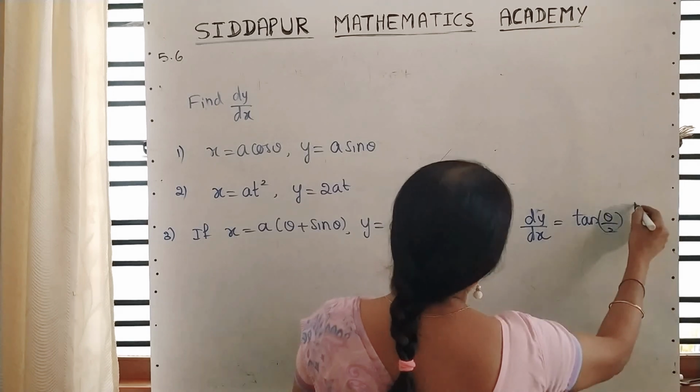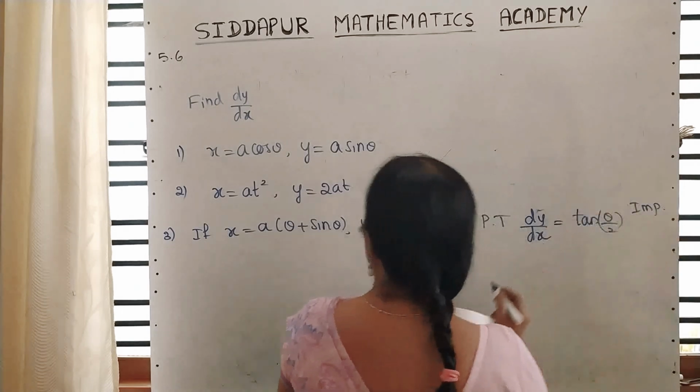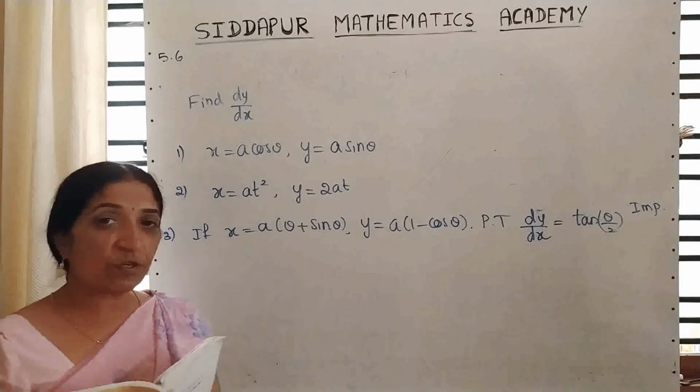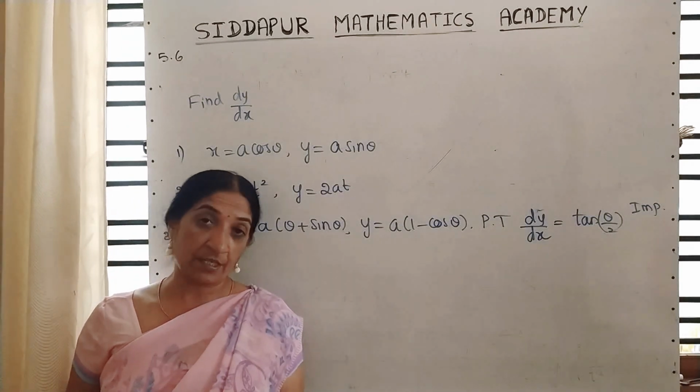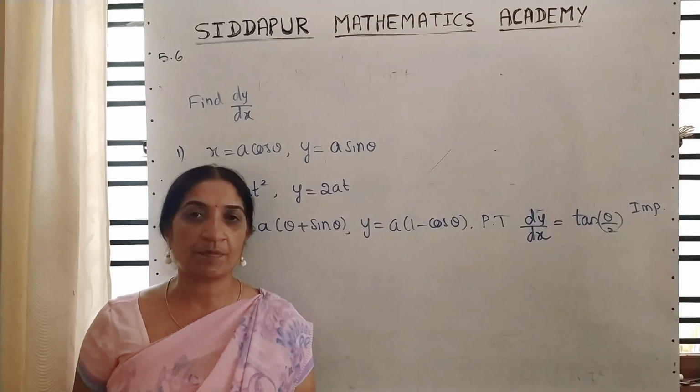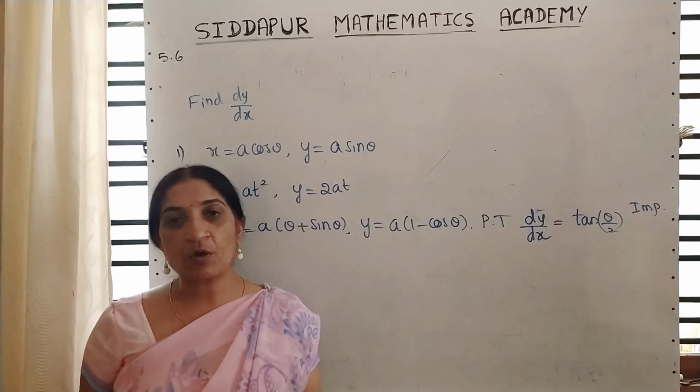This is homework also, and it is very important. It is a worked example, that's why I am giving it as homework. So in the next class, I will start with the next one, that is second order derivative, an important concept of differentiation.